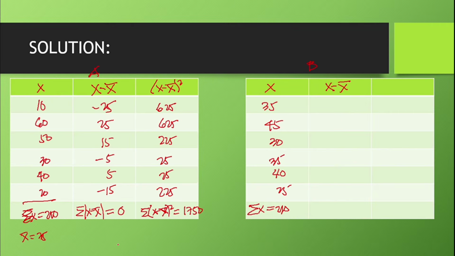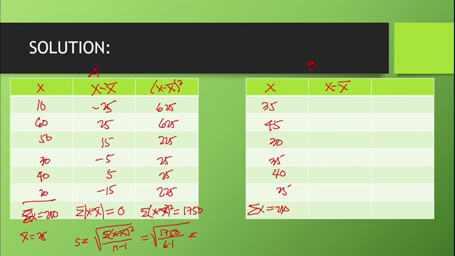1750. So the formula for the standard deviation is this: s is equal to the square root of the summation of x minus the mean squared over n minus 1. Okay, so we're just going to fill in here: 1750 over n minus 1, which is 6 minus 1.